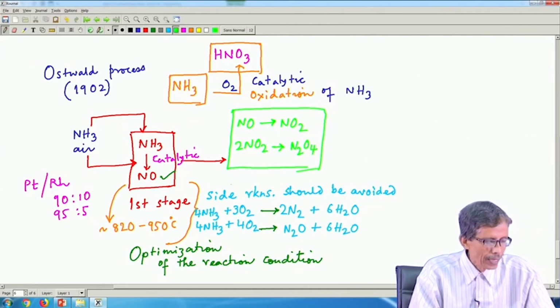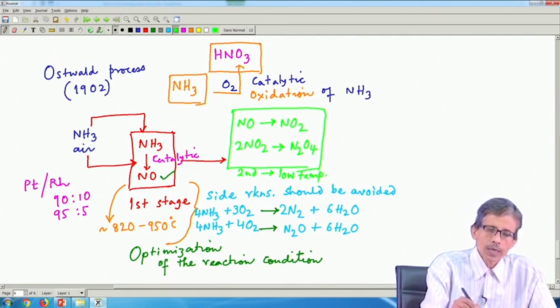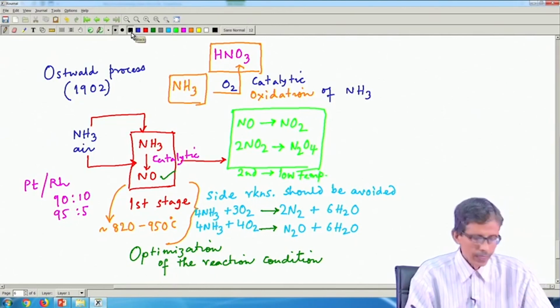This second stage of reaction is favored only at low temperature. That means we should carry out this reaction at a low temperature.